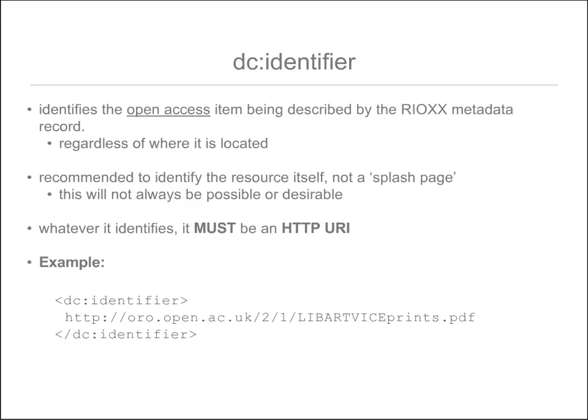It's one of those sort of compromises that you make in these kinds of activities where by insisting on an HTTP URI, we gain a lot of possible benefit, but without constraining the application profile too much. And there's an example there of the use of that property in an XML form.